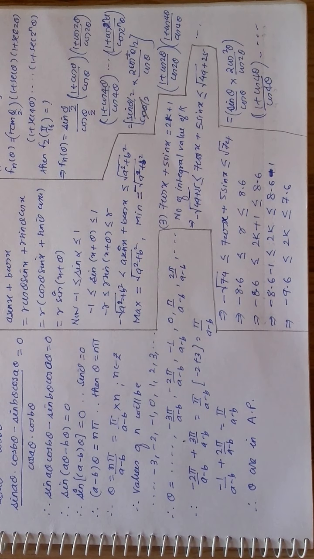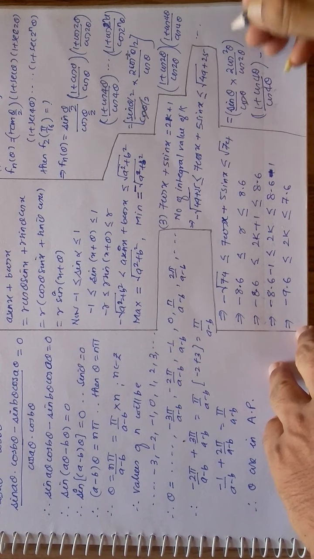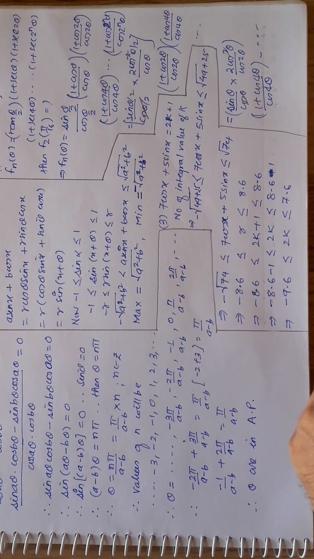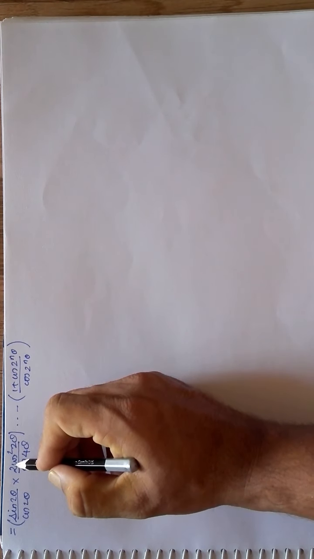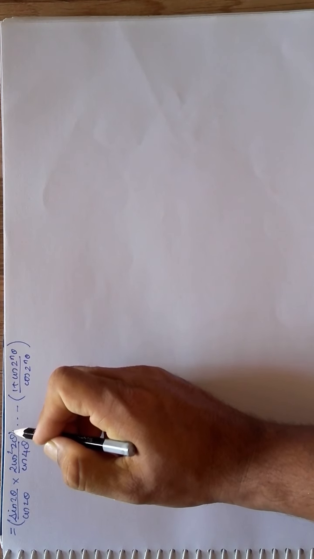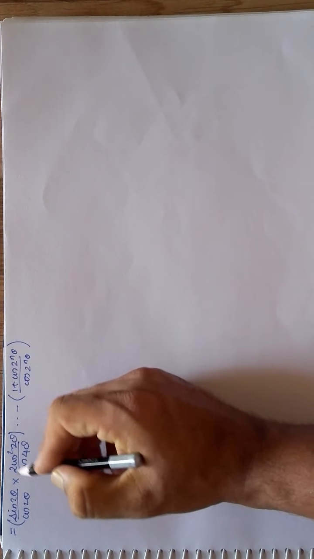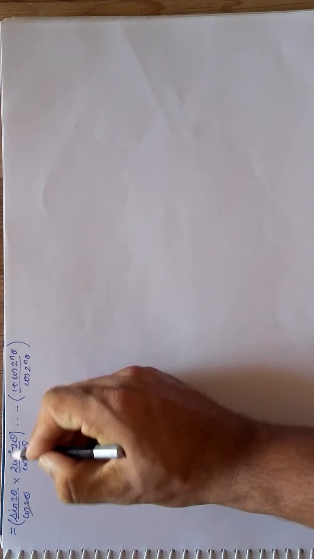So same thing will happen here also. This cos theta will cancel and I will remain with 2 sin theta cos theta, which is equal to sin 2 theta upon cos 2 theta. Okay? So you get this statement from the previous part, sin 2 theta upon cos 2 theta, into 1 plus cos 4 theta, which is nothing but 2 cos square 2 theta, which cancels here.